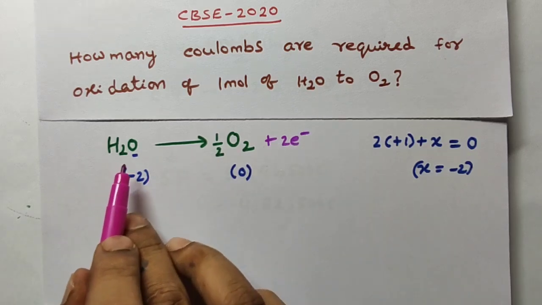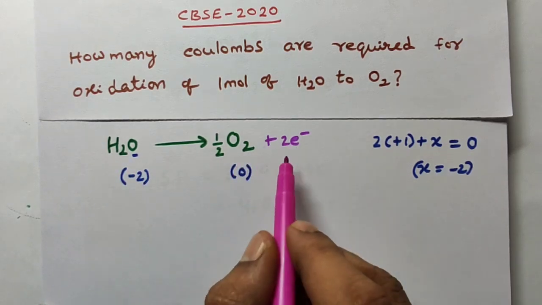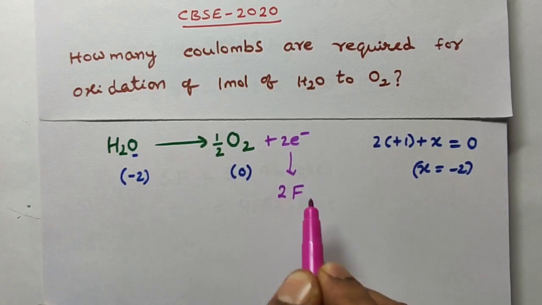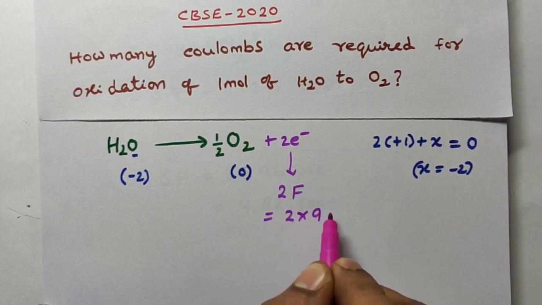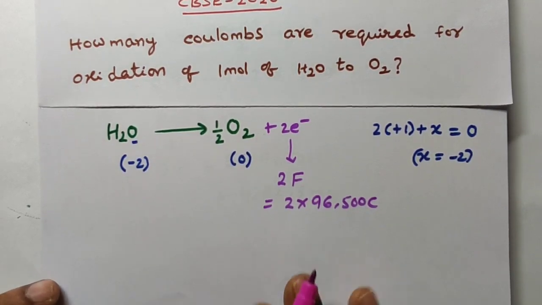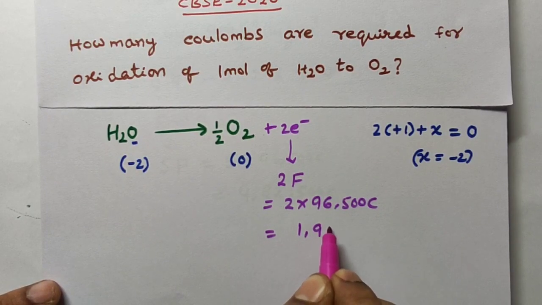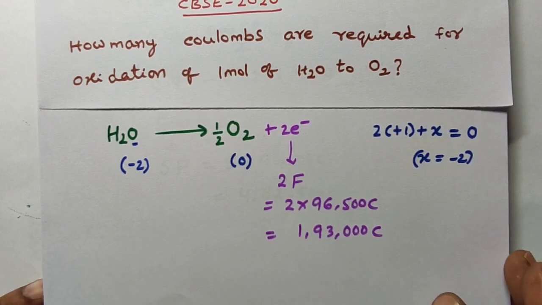So for 1 mole of conversion of H2O to O2, we need 2 moles of electrons. 2 moles of electrons is nothing but 2 Faraday. It is nothing but 2 into 96,500 coulombs, which is equal to 1,93,000 coulombs. Got it?